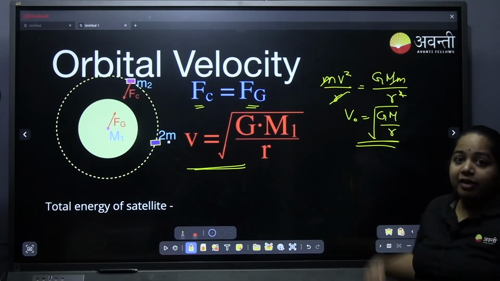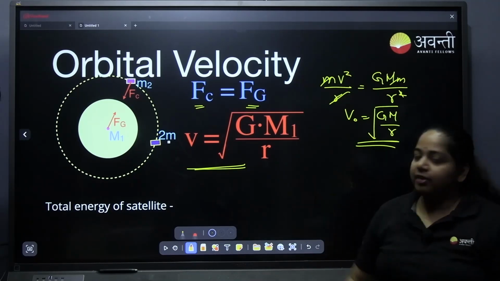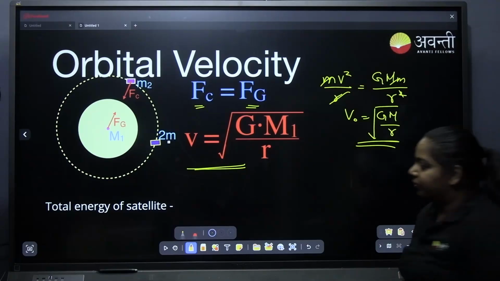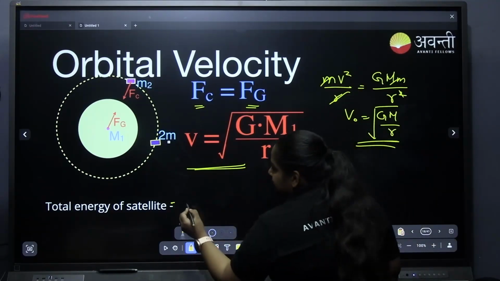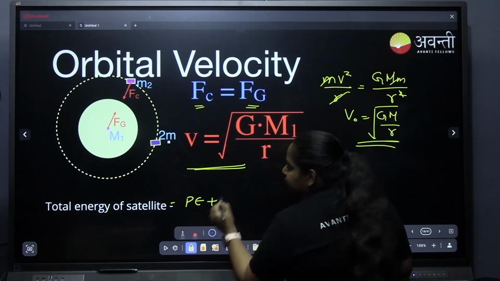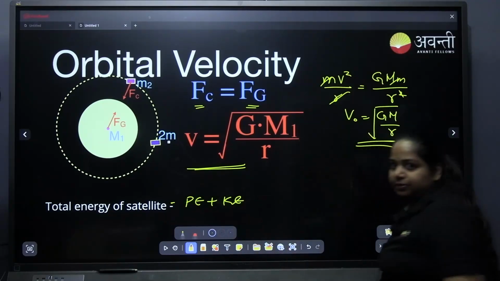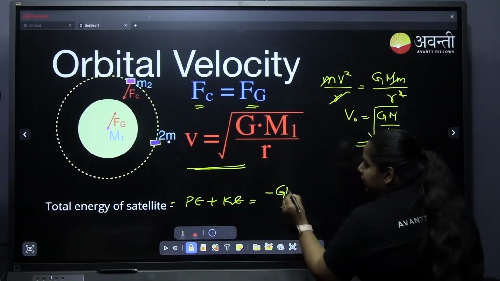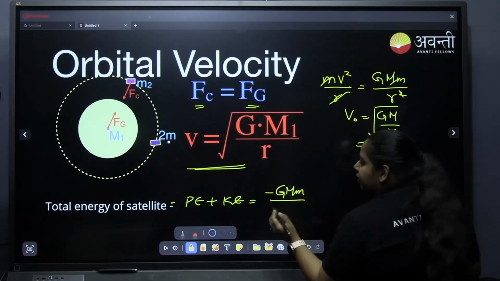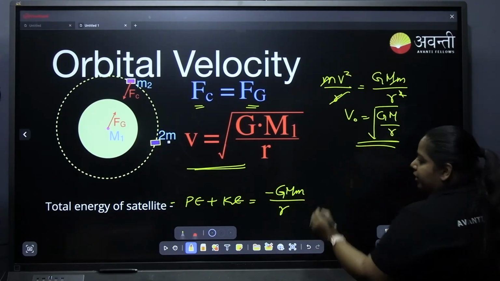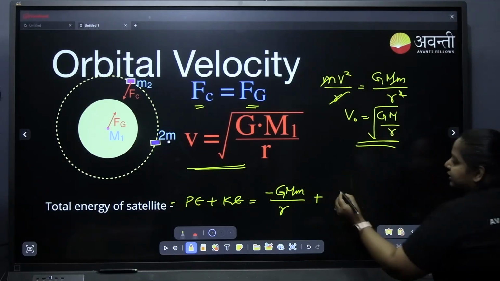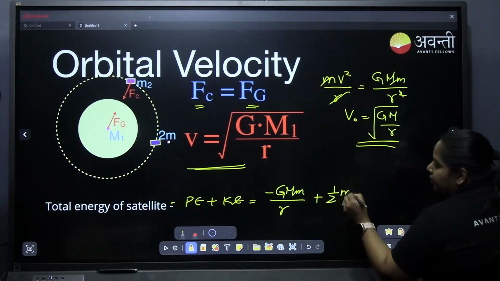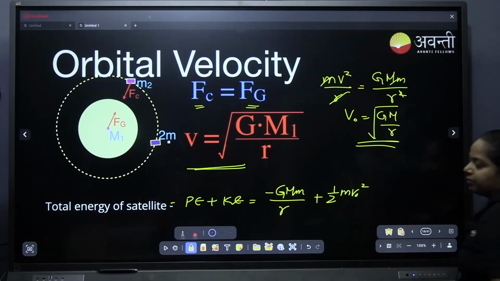If we get orbital velocity, we can find the total energy of the satellite. Total energy of the satellite is equal to potential energy plus kinetic energy. Potential energy is minus G capital M small m divided by R, plus kinetic energy is half m v orbital square.